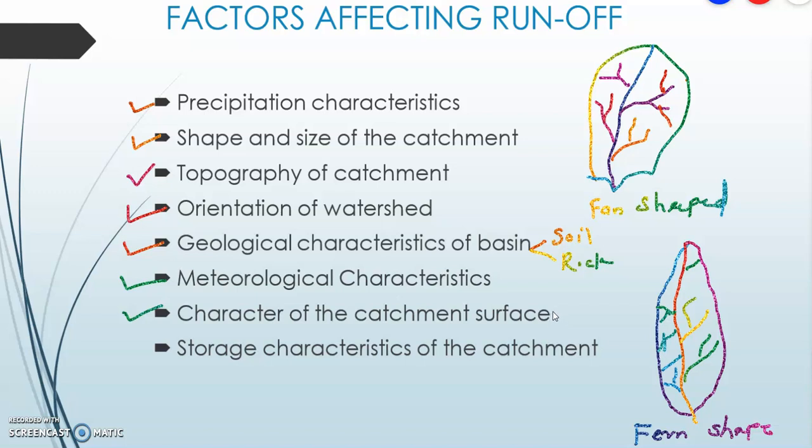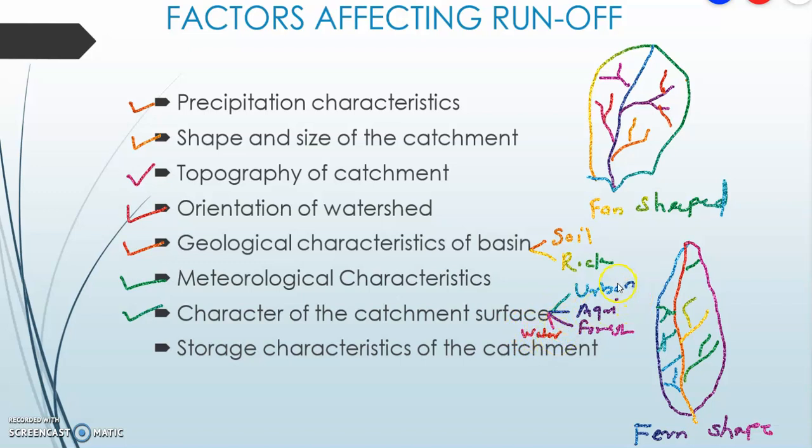There are different types of land use land cover. Suppose there is an urban area, agricultural land, forest, or water. All these things will have different runoff.